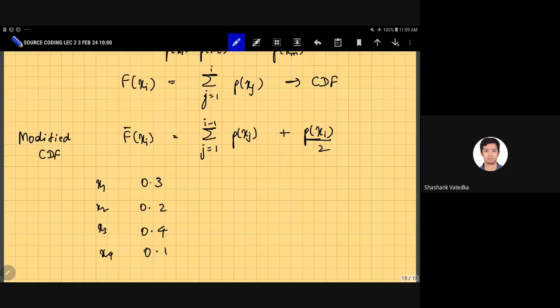So what is F bar of xi? It's 0.15, 0.4, 0.7, and 0.95.